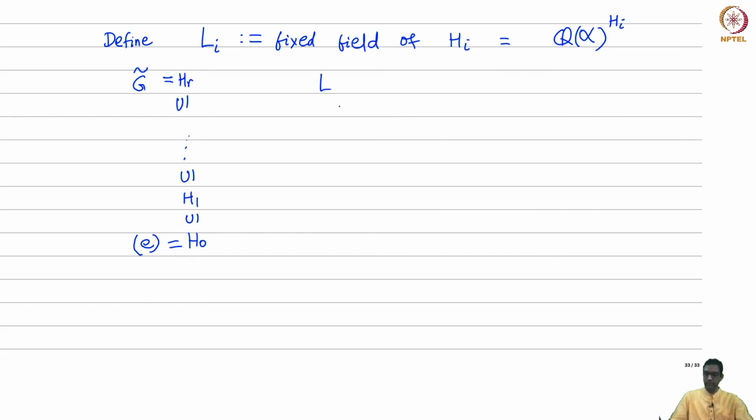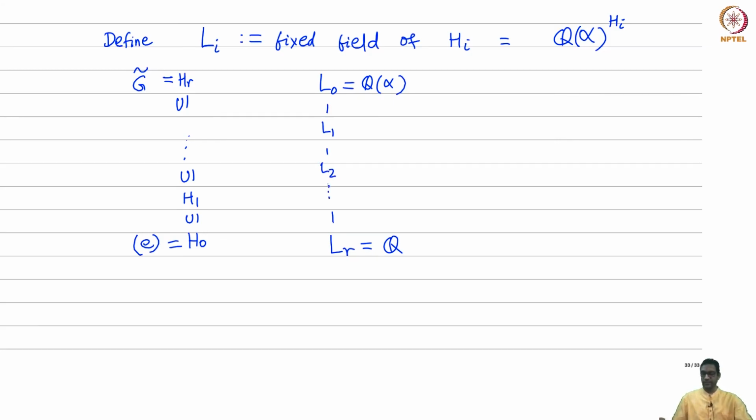So Lr, which is the fixed field of Hr, would just be Q, because Hr is the whole Galois group. And L0 would be the whole field, because H0 is the identity, and now these go in the other order. L1 is a subfield of L0, is a subfield of L2, and so on.